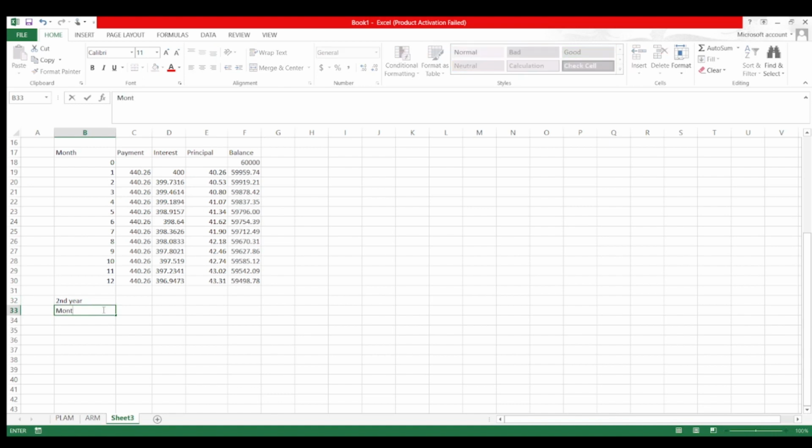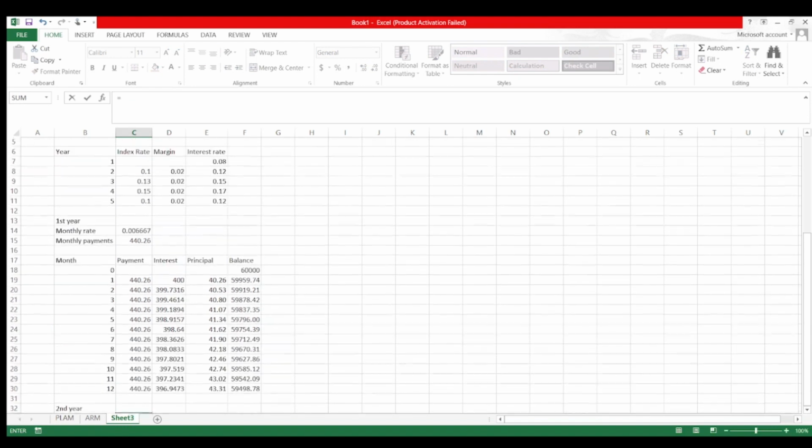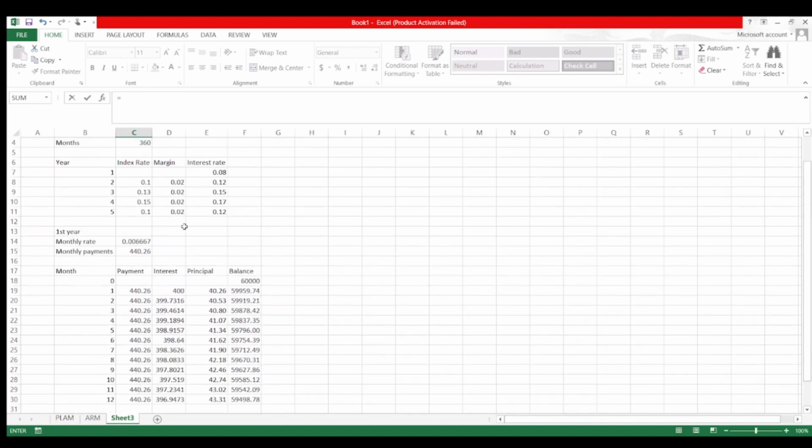However, for the second year, our monthly rate will have changed to 0.12 divided by 12.